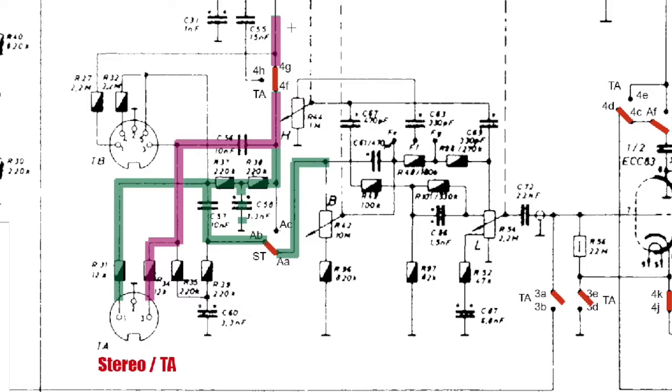So what you're getting up here is the full right channel plus the bass frequencies of the left channel. And then it carries on further down here because it gets to this point down here and does a similar thing. It goes across that resistor to that capacitor, which bleeds off some highs, it goes through there, and now we're back to this point, which, if we follow this path, joins that signal.